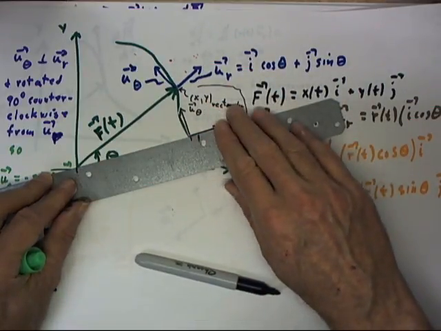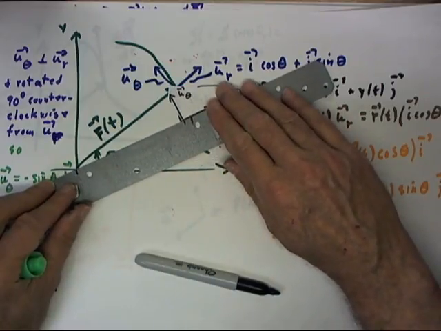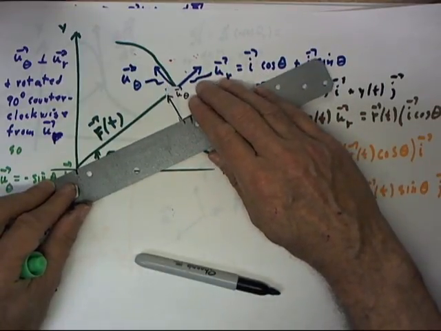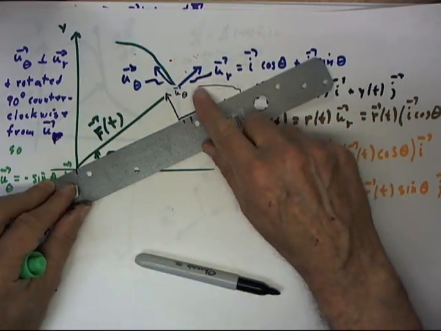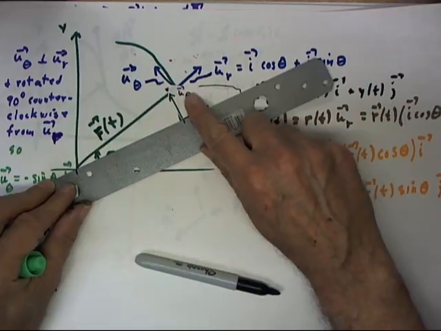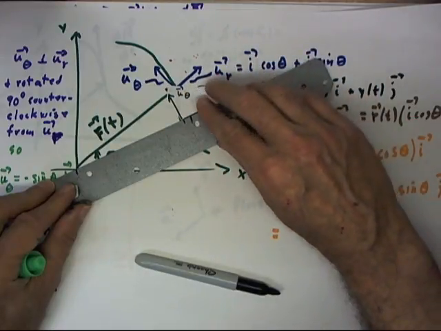Now, if I continue to change theta, I see that again I've got to rotate the u_r and u_theta vectors a little bit, and I've got to pull them in just a little closer to the origin.